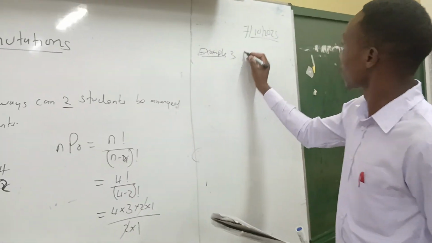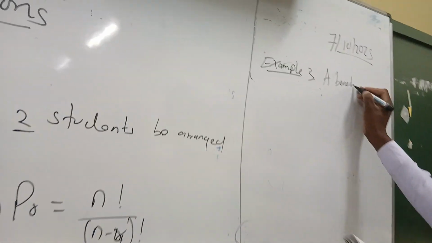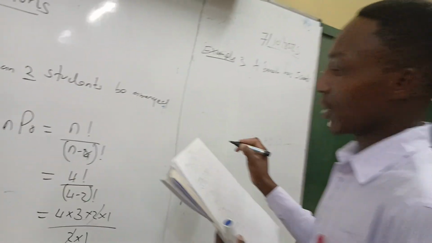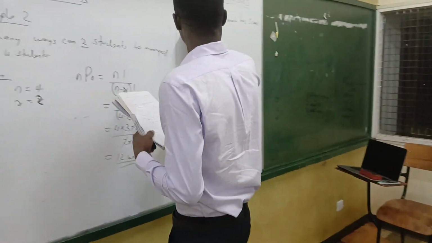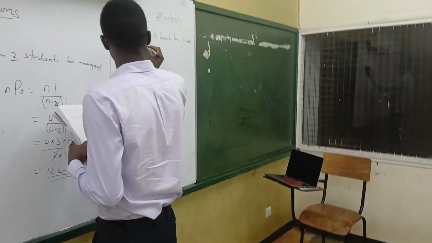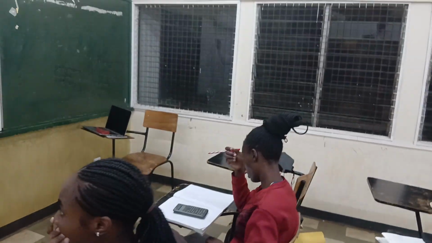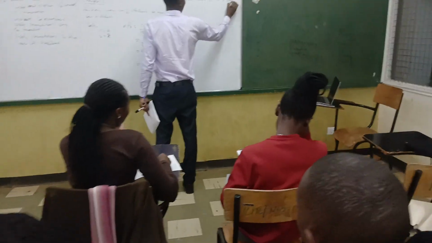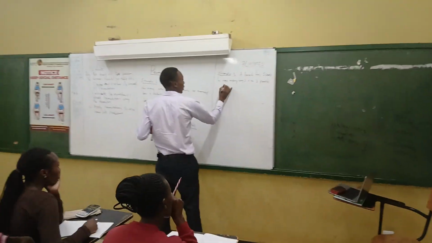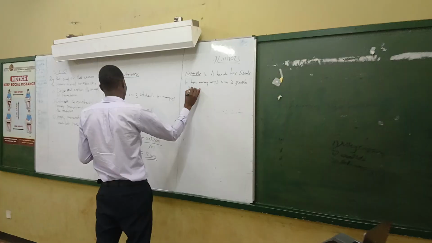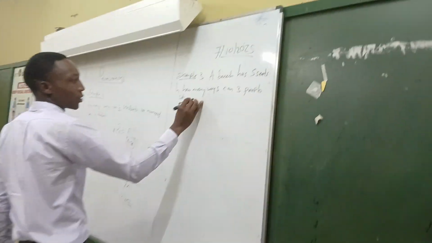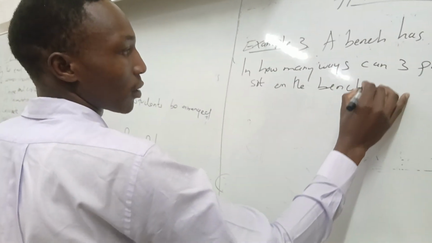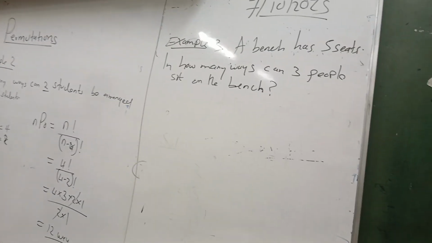A bench has 5 seats. In how many ways can 3 people sit on the bench?